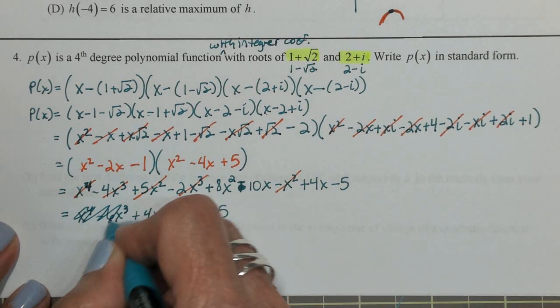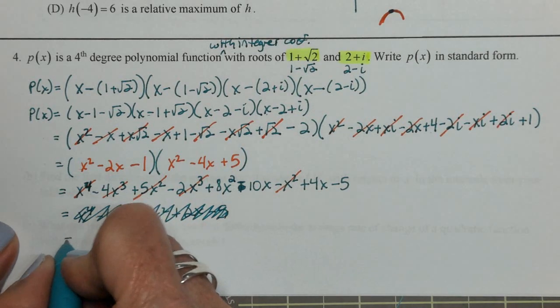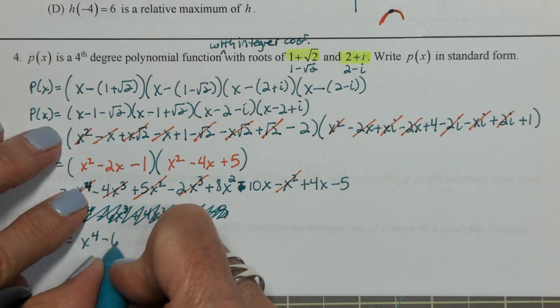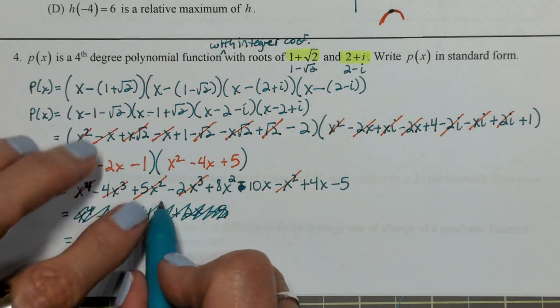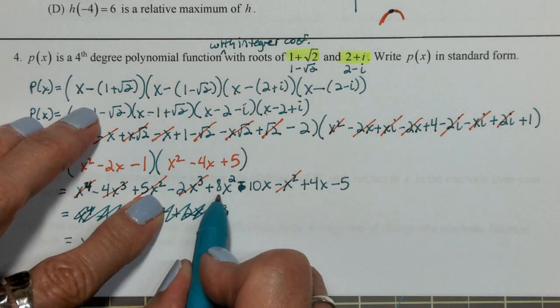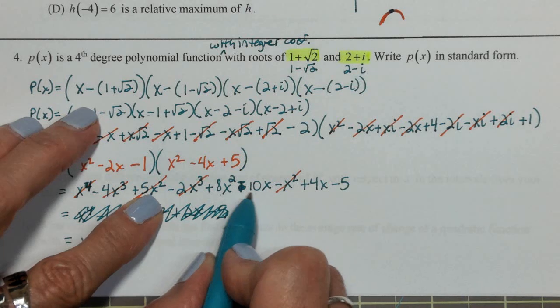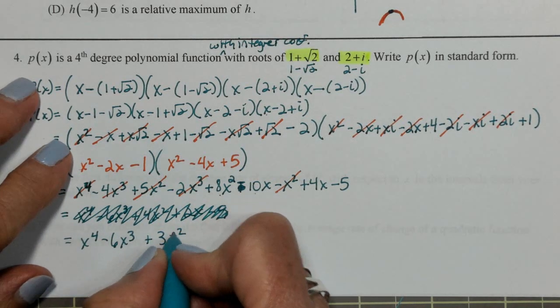I'm glad I caught this. So let's do it again. x to the fourth, negative 6x cubed. Okay, here comes my x squared. So 5 plus 8 minus 10, right? So 3x squared.